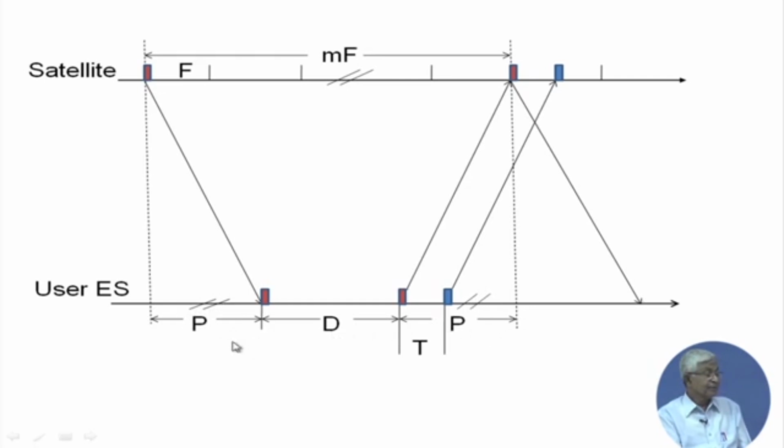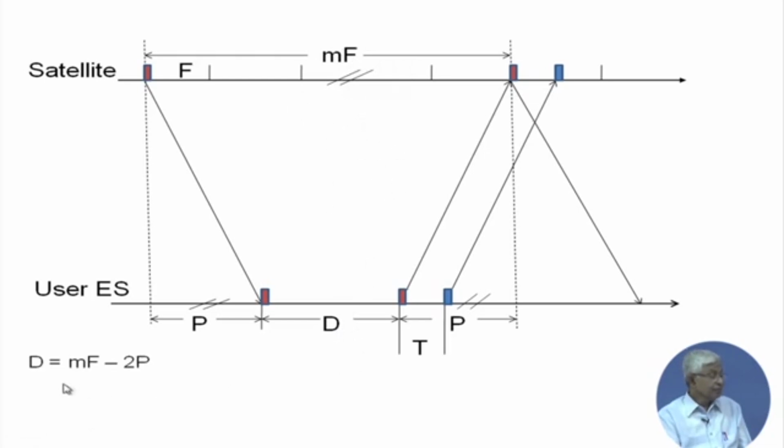So, 2 times propagation delay and this unknown d and your allotted time t. So, this can be equated: m times f is equal to p plus d plus t plus p. So, you can reach at the reference burst, and then after t you will reach there. You can find out d or d plus t, any one of them, but here d is unknown and m is unknown. So, you have to do it iteratively.